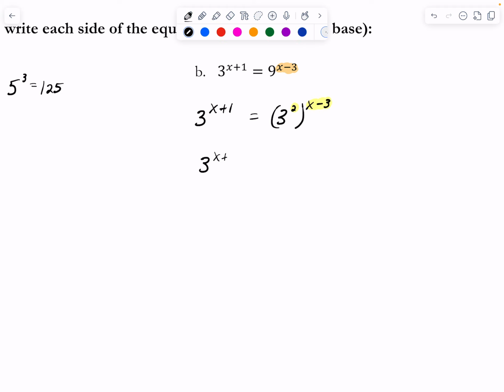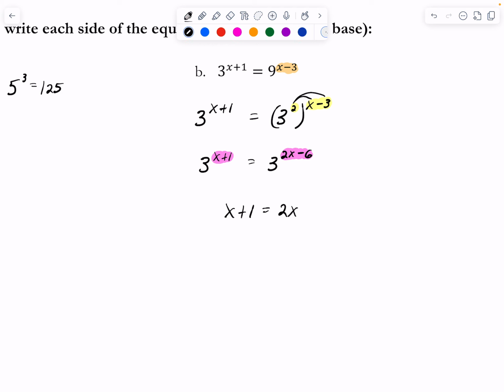So the left side still comes down, but the new exponent becomes 2 times each of those values in the other exponent: 2x minus 6. Now the bases are the same, so I can set x plus 1 equal to 2x minus 6.